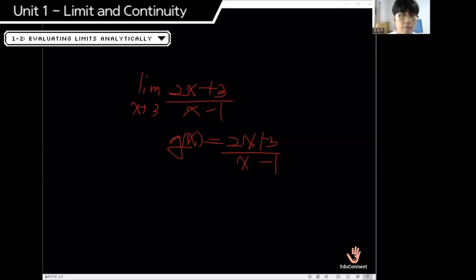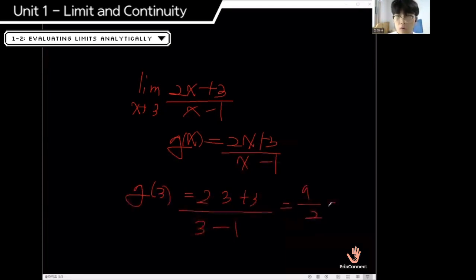So we find g of 3, which is 2 times 3 plus 3 over 3 minus 1. And when we evaluate these, we get 9 over 2, or 4.5. So the limit as x approaches 3 of 2x plus 3 over x minus 1 is equal to 4.5.